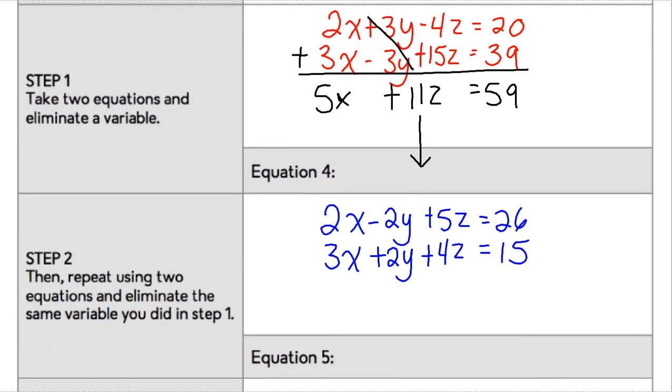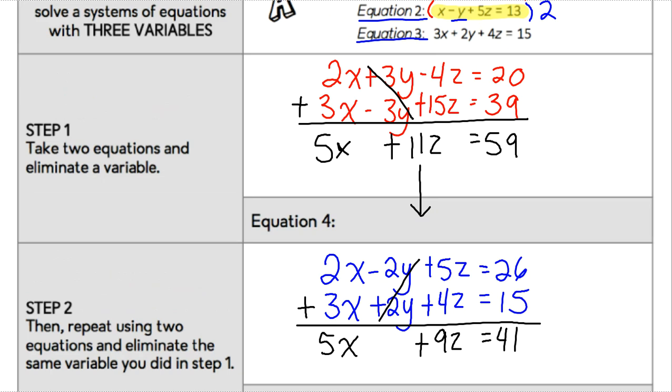Now I'm ready to eliminate the y's again. So I am going to eliminate those by adding these equations together. And I am going to get 5x, the y's cancel out, plus 9z, and that is going to equal 41.